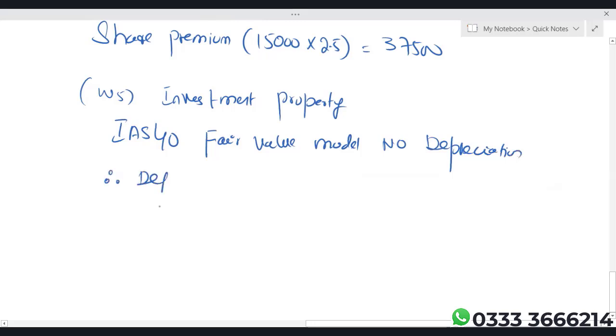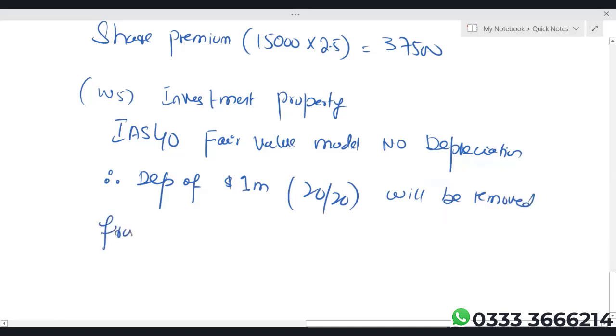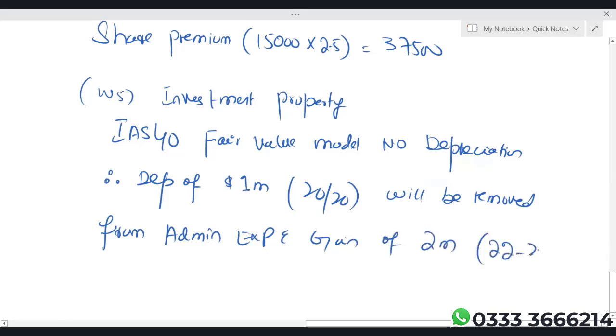Therefore, depreciation of 1 million will be removed from admin expense, and gain of 2 million, that is 22 minus 20, will be recognized in the statement of profit and loss. So actually we need to recognize the gain of 2 million and we have to remove the depreciation of 1 million.